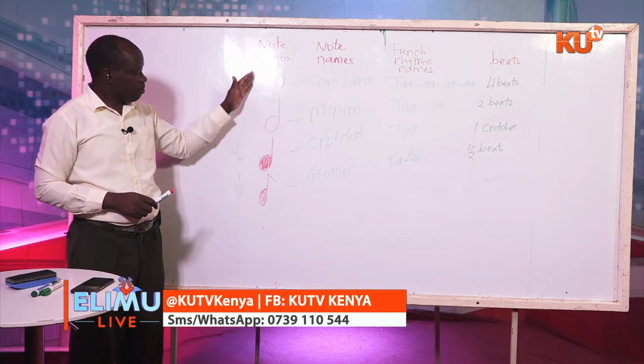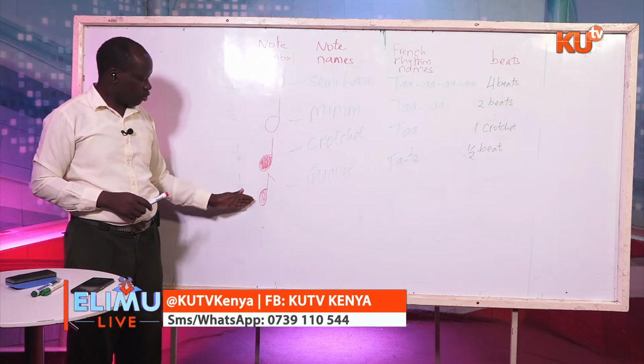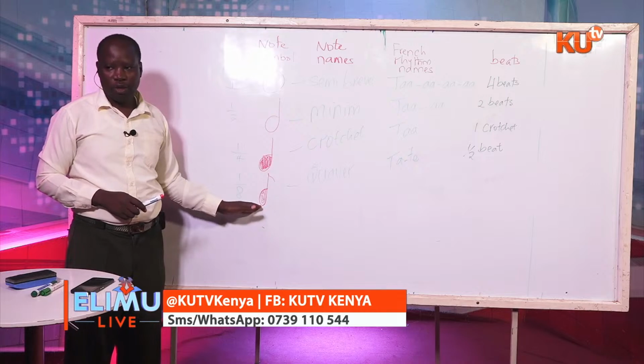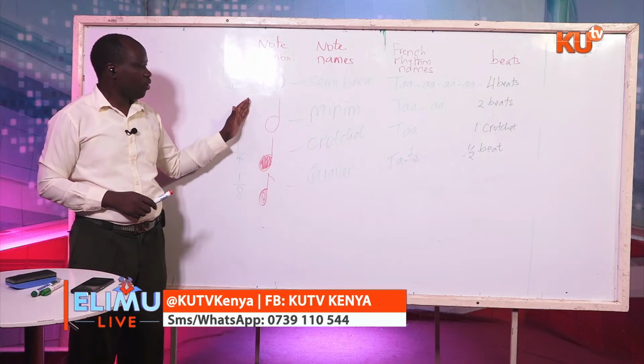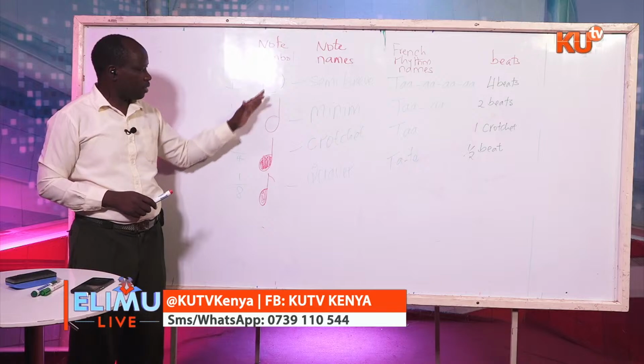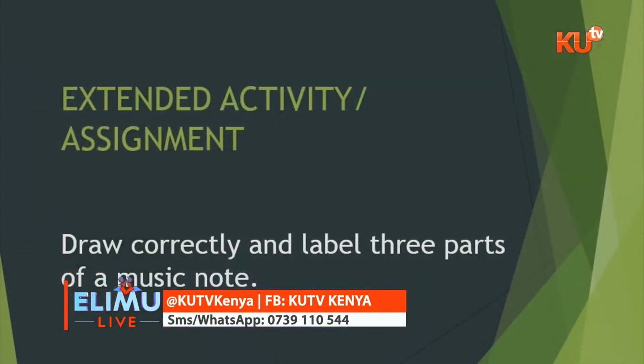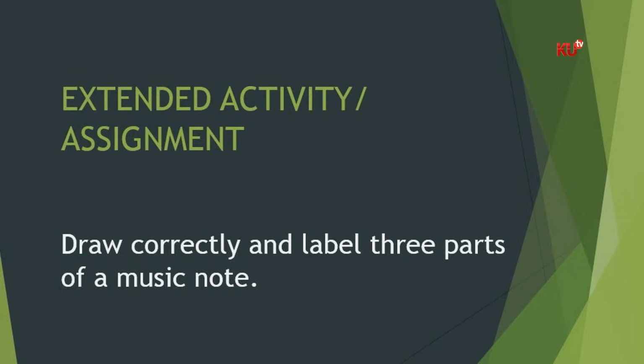So that is the assignment I would like you to go and do. Make sure you know the name of each part, this upper part, and this extension. What is the name of those parts? So for the assignment, draw correctly and label 3 parts of a music note.